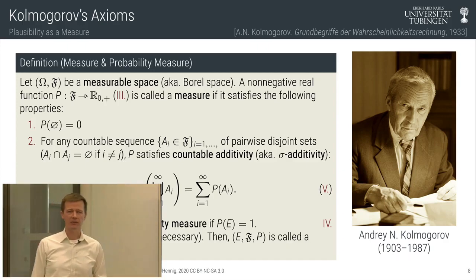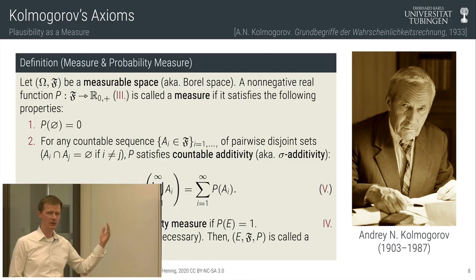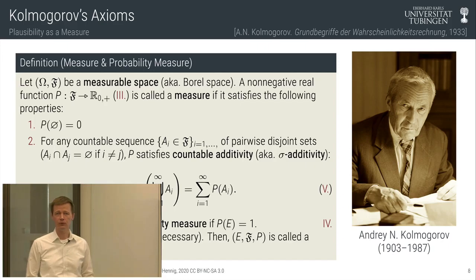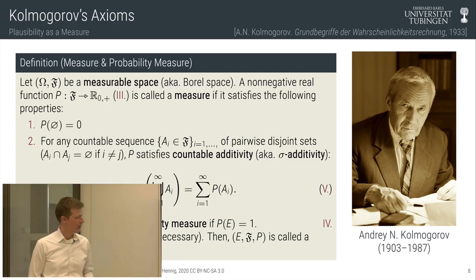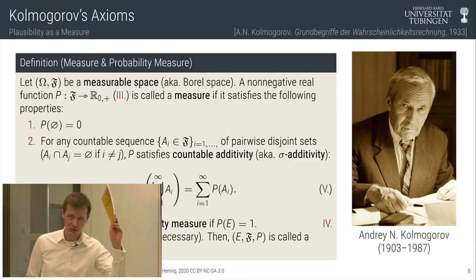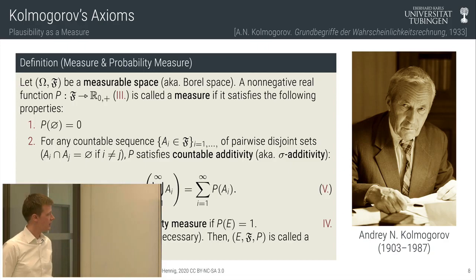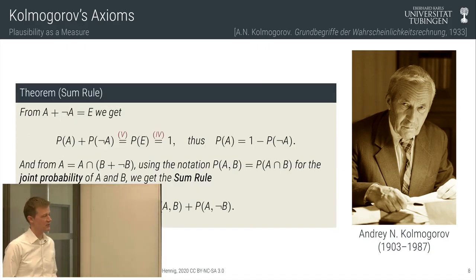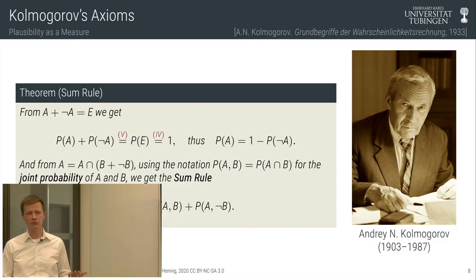Why is this a great formalism? Well, as everywhere in mathematics, once you've written down a set of axioms, you want to put them to use by actually deriving something from them. And Kolmogorov does that immediately, actually on page 4 or 5 or so of his book. He starts showing interesting properties. So first of all, there is a wonderful result that is called the sum rule.